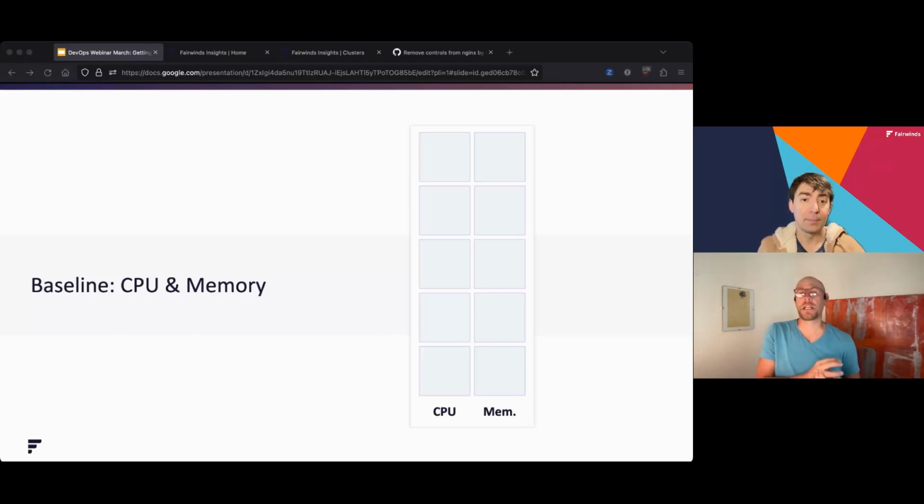In the world of Kubernetes, we declare how much CPU and memory we think the workload needs, and we hand it to Kubernetes, and we let Kubernetes run a bunch of logic with that. In the declarative world, maybe it's the best thing ever, maybe it's the worst thing ever, depends on who you're talking to, but that's where we're at with Kubernetes.